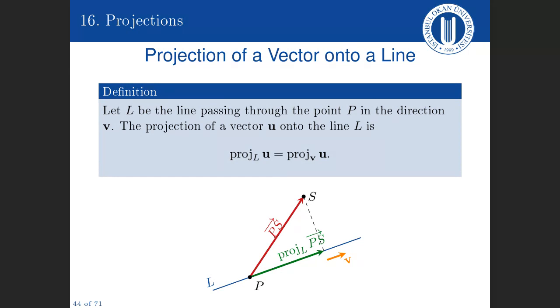Let L be the line passing through the point P in the direction V. Well, we can say that the projection of a vector u onto a line L is the same as the projection of a vector u onto a vector v. We can see that from the picture, and we have that formula.